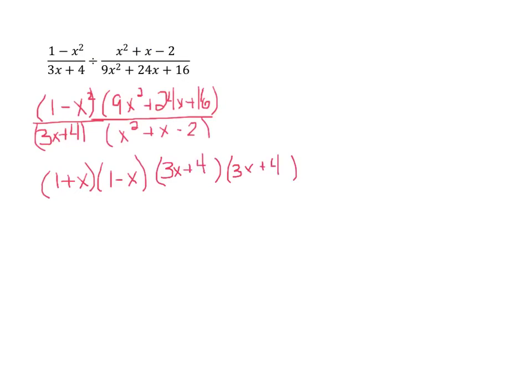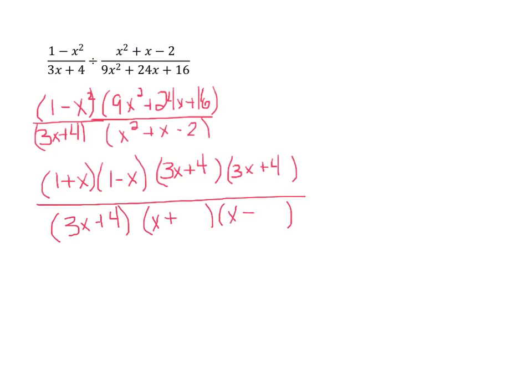And then I check just to make sure, 12 plus 12, 24. In the denominator, I still have 3x plus 4. And then I factor the second trinomial. I know that the 2 is positive because I've got plus x here.